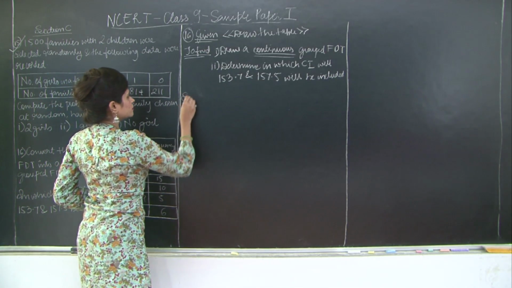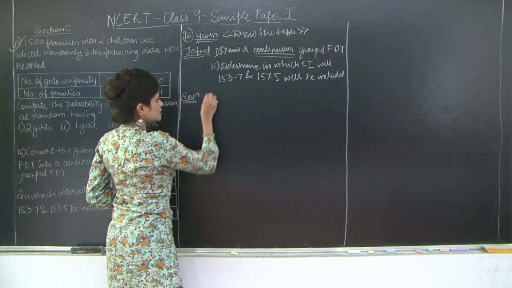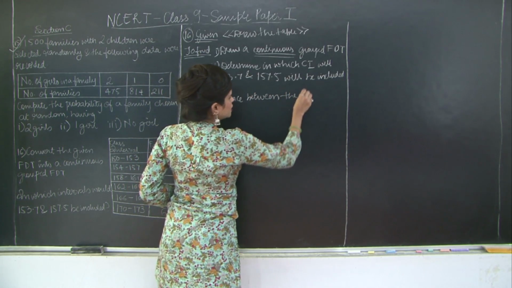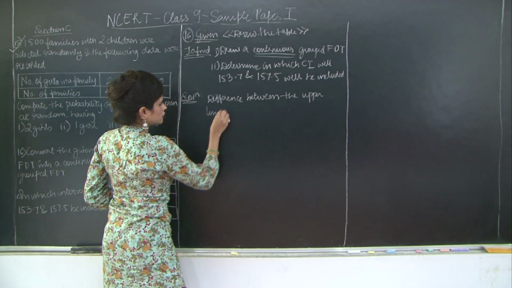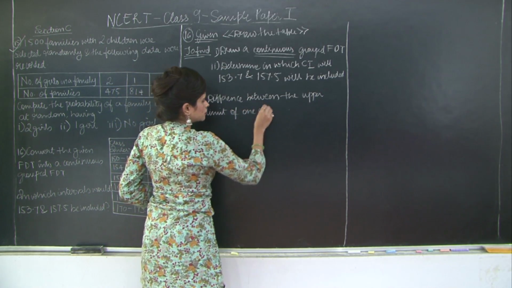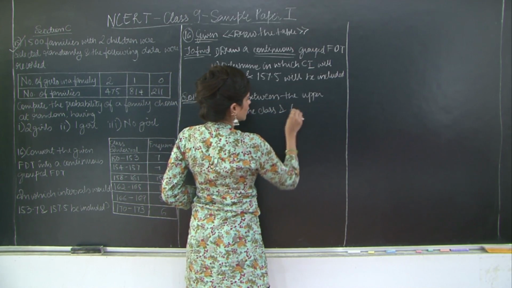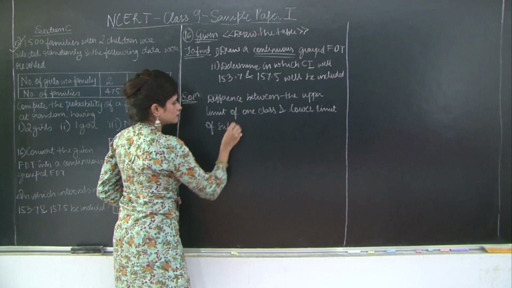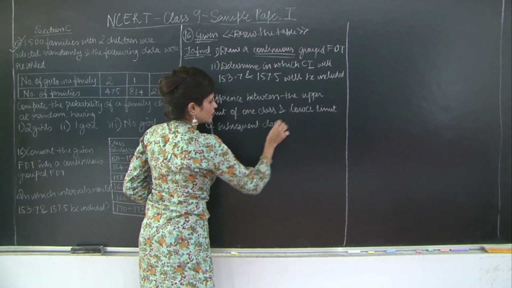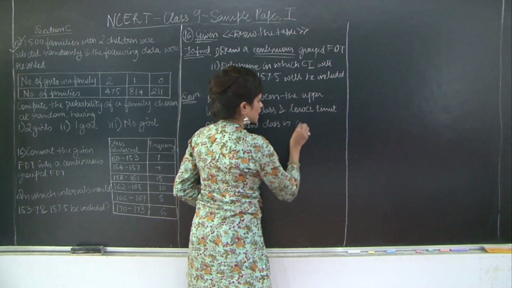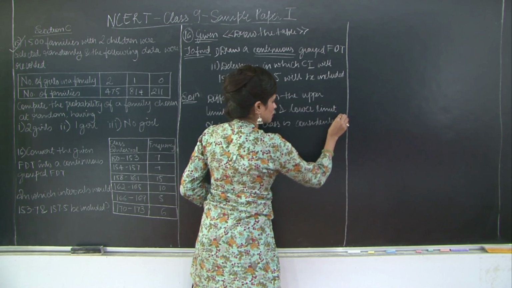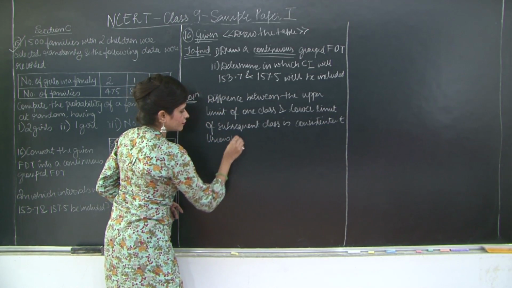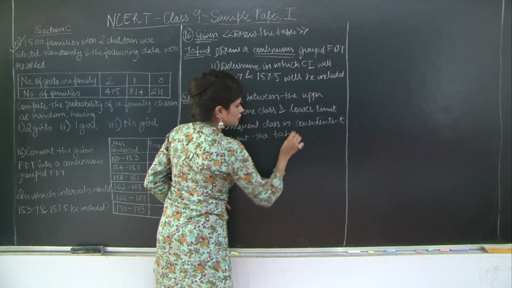So I'll start with the solution. The difference between the upper limit of one class and the lower limit of the subsequent class is consistent throughout the table, which is equal to 1.